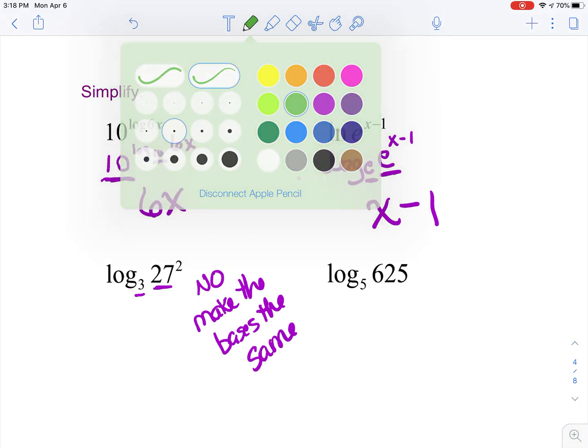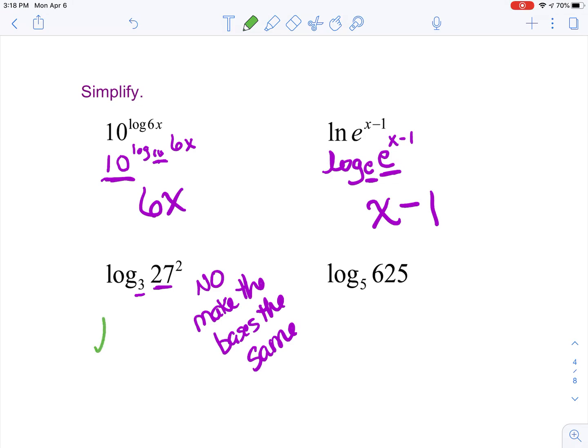Is there any way I can make 27 with a base 3? 3 to what power will give you 27? Well, 3 to the first is 3. 3 to the second is 9. 3 to the third is going to give us 27.